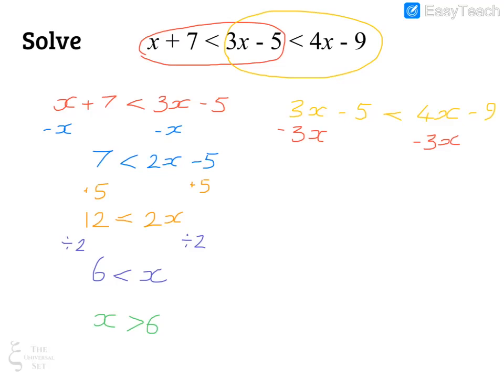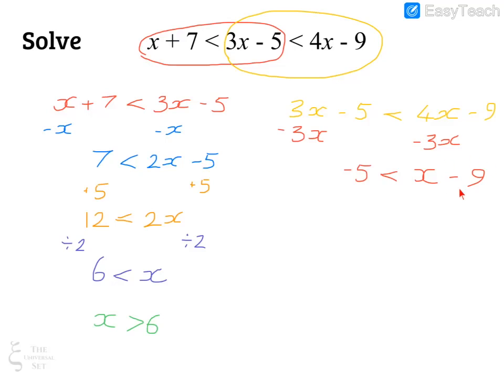Now, being careful here, we've got a negative in front of that 5. So when I take away this 3x, I'm left with the negative 5. So I've got negative 5 is less than, it's not 4x anymore, is it? Pay attention. I started with 4x, I've taken away 3x, so now I've only got 1x left. And I've got this minus 9 as well.